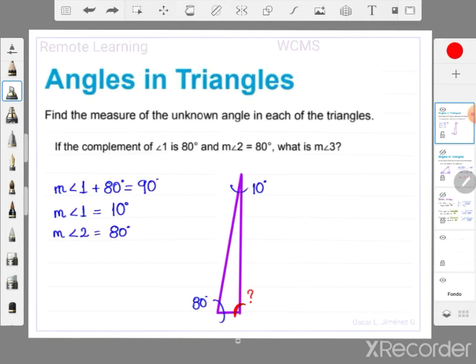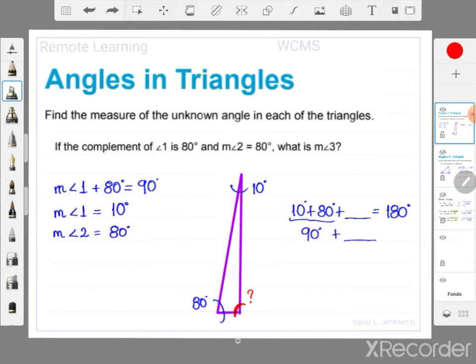So go back here. Let me write here: 10 degrees, the measure of angle number 1, plus 80 degrees, the measure of angle number 2, plus the measure of angle number 3, the number that we don't know, equals 180 degrees. Remember the property, okay? So if we add 10 plus 80, very good, this is 90.